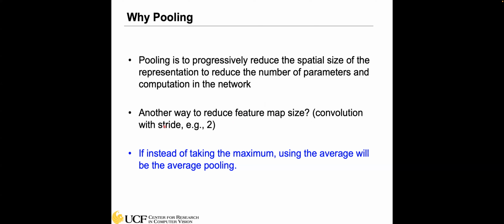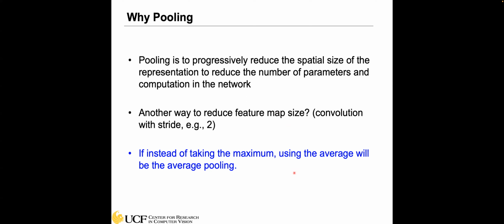But if you use a large stride like 2 or even 3 or 4, you are also able to reduce the feature map size, because when we do the convolution, we skip a couple of rows or columns to get to the next window for the element-wise multiplication. So that's another way to reduce the feature map size: using a large stride for your convolution if you don't want to use pooling.